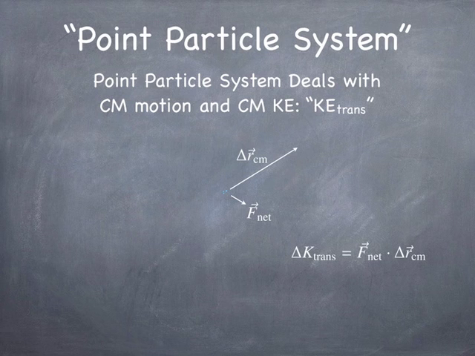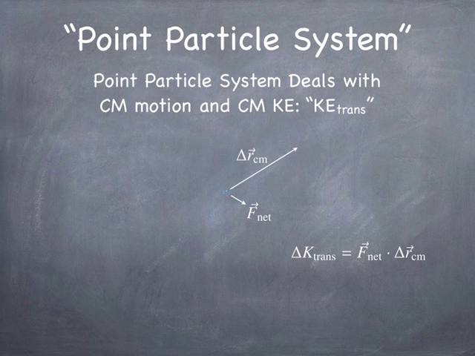So the idea is, if I smudge out all the internal motions and all I see is the average position of all the stuff, then it looks just like a point particle, and I can treat it like a point particle. I get that the change in the translational kinetic energy is equal to the net force times the displacement of the center of mass. So if I don't see any of the internal motions, the only energy there is translational kinetic energy.